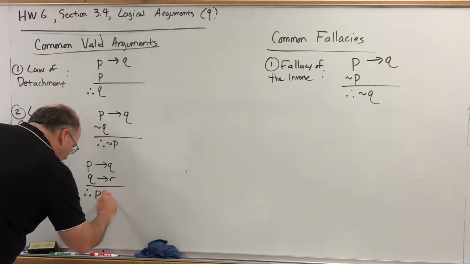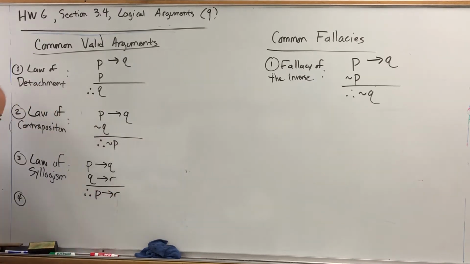P points to R. This is a valid argument if you have two conditionals where the consequent of the first conditional is the antecedent of the second, then you can basically remove the middleman and say that the first antecedent pointing to the second consequent is a valid conclusion.